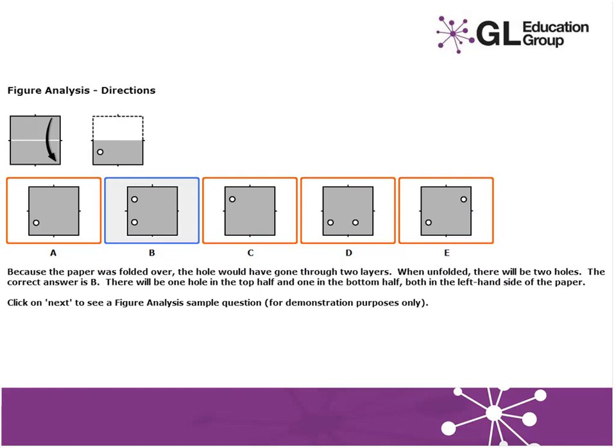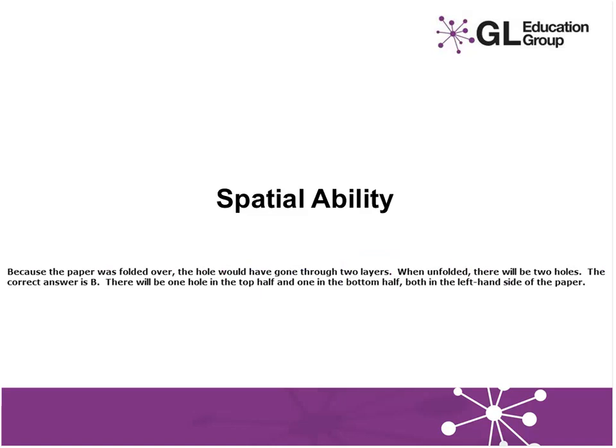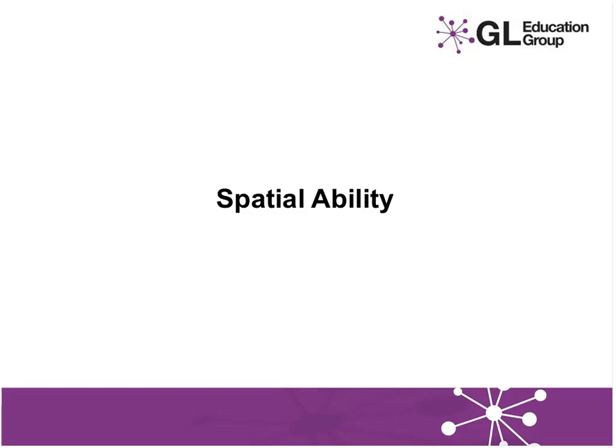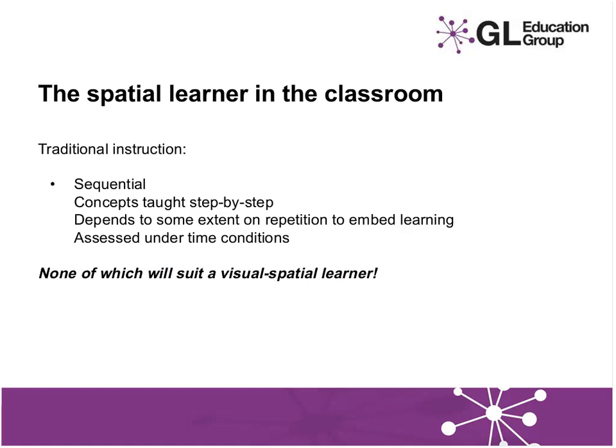So just to talk a little bit more about spatial ability and why it is in there. I've talked about the link with science, technology, engineering, maths, and visual arts. It's important to understand the spatial learner in the classroom because they can go under the radar to some extent.